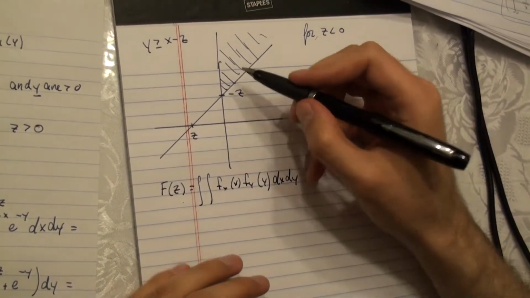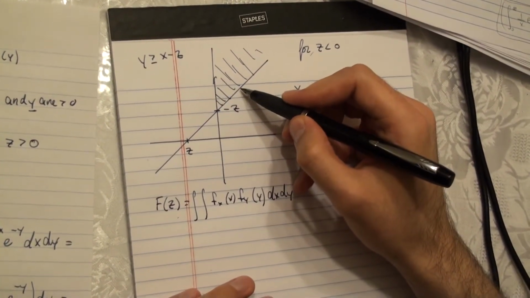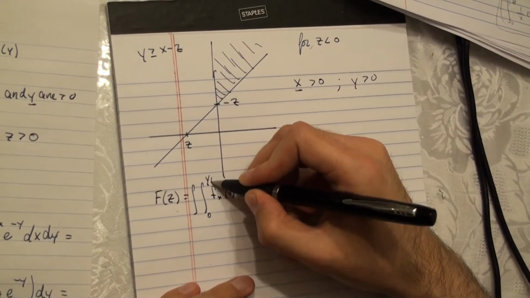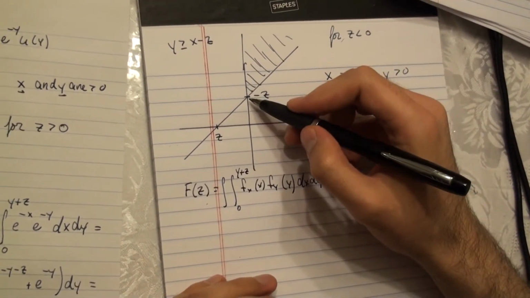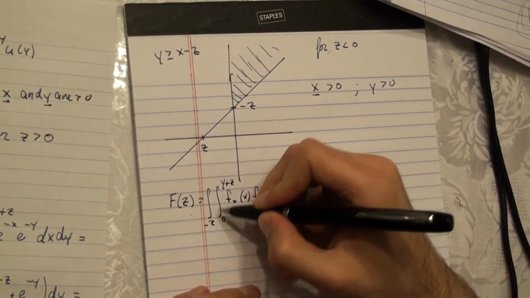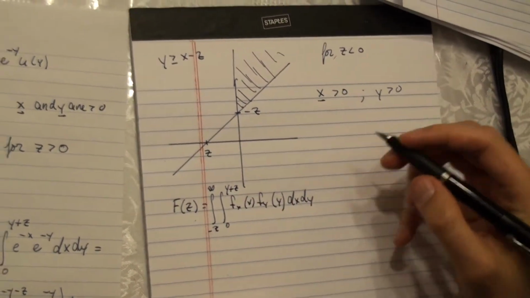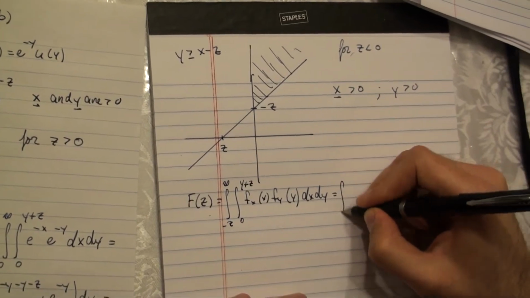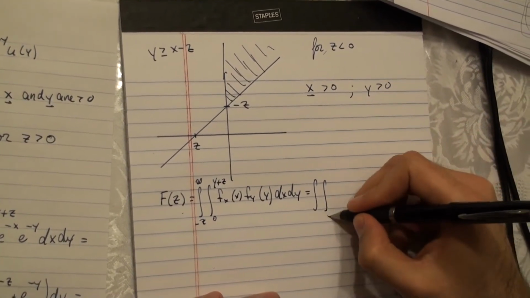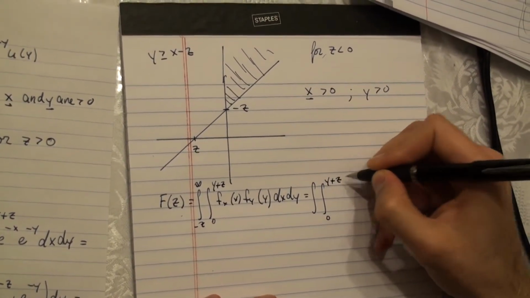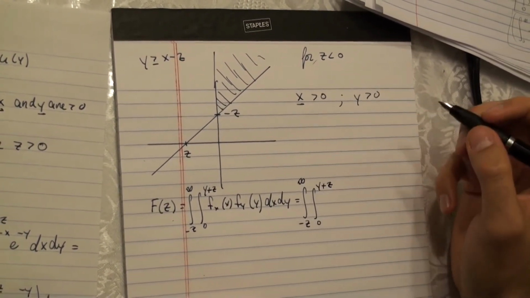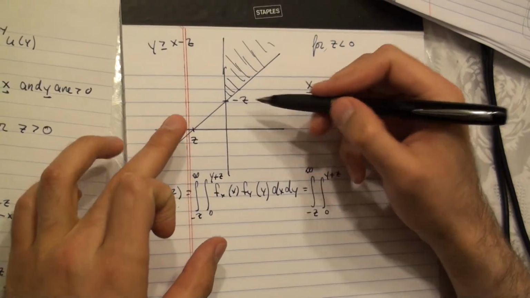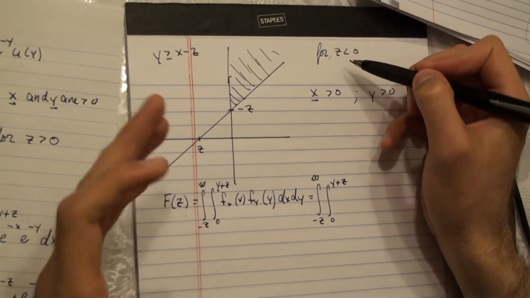Dx goes from 0 to y plus z, and y now goes from minus z to infinity. So it's a little different. 0 to y plus z, minus z to infinity.